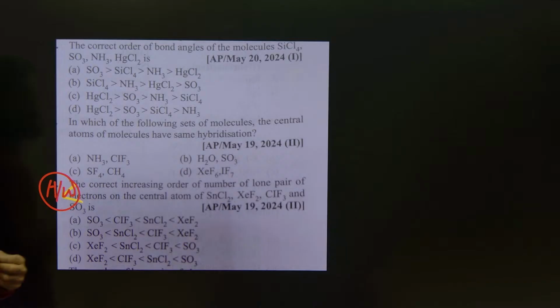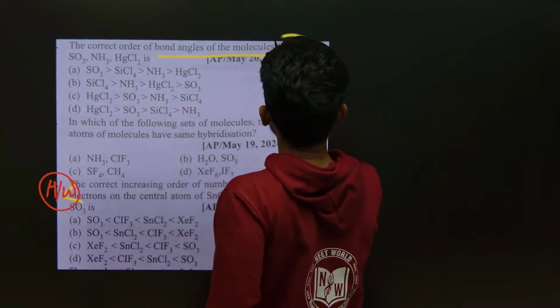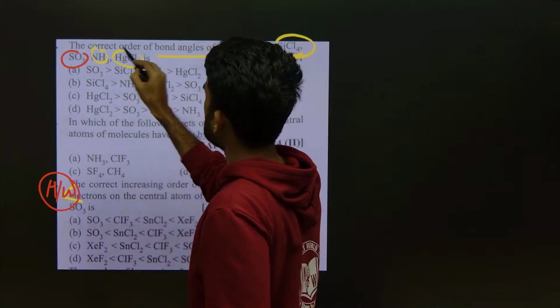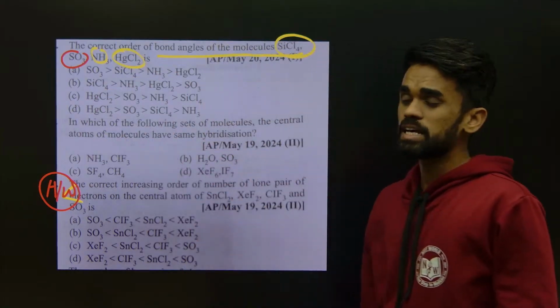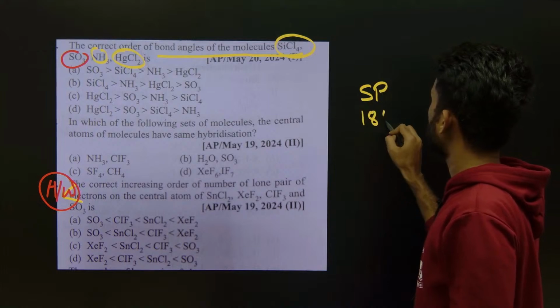Can you answer me this first question? Bond angles in the molecules like SiCl4, SO3, ammonia, HgCl2 are given. For HgCl2 I told you sp hybridization, which means 180 degrees.